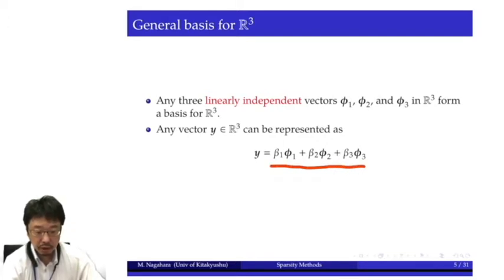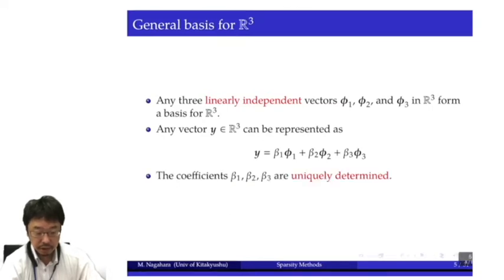Since phi1, phi2, and phi3 are linearly independent, the coefficients beta 1, beta 2, and beta 3 are uniquely determined.